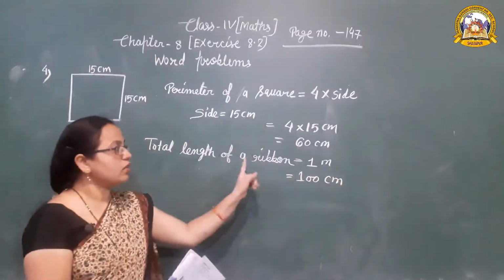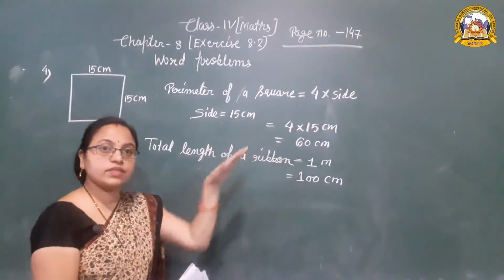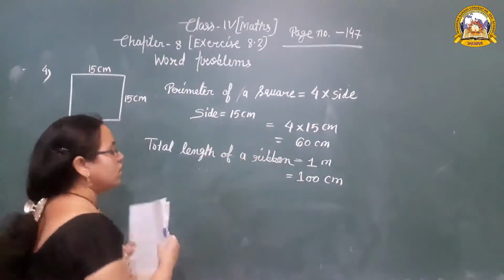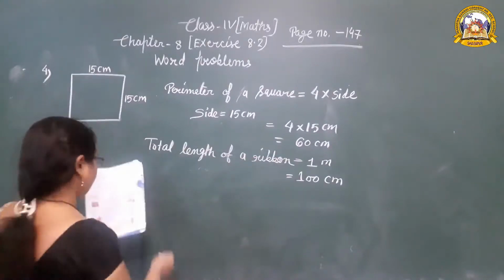That is the total length of the ribbon. Okay, and 60 centimeter is already used to decorate the handkerchief. So it is asking how much length of the ribbon will be left over.